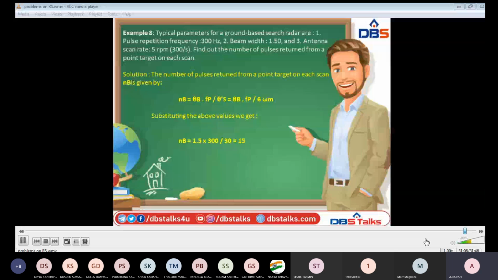Substituting these values, 15 pulses are returned from the point target on each scan.